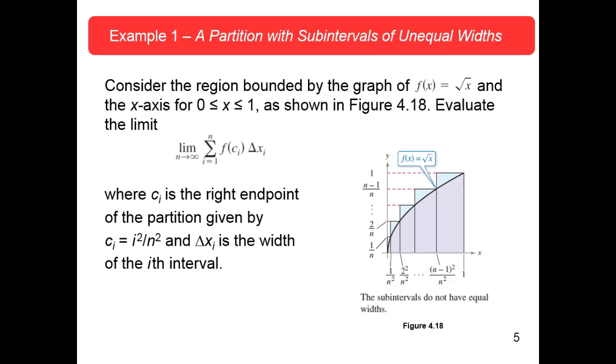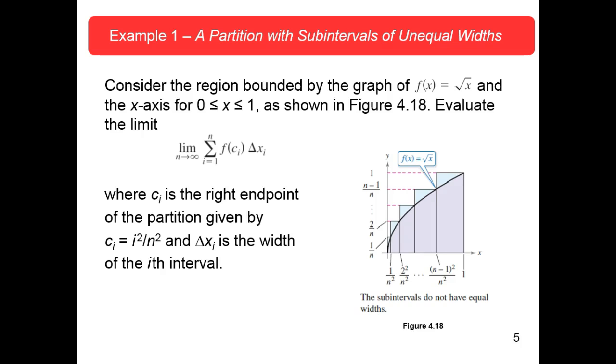The first one would be 1 over 4, and the second, these are the c sub i's, would be 1 over 1. So there would be a half, there would be a quarter. You would do the right-hand endpoint there, and you would just do this rectangle here, and then the next one would be that rectangle there.